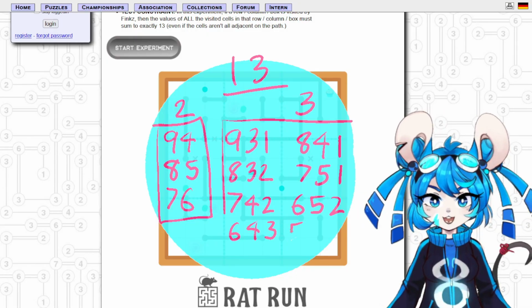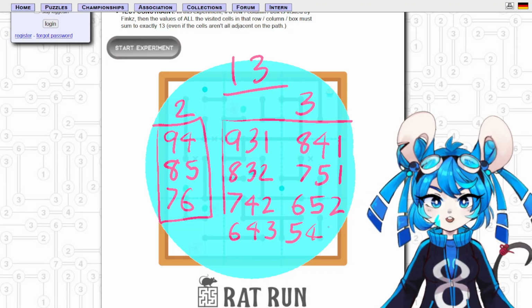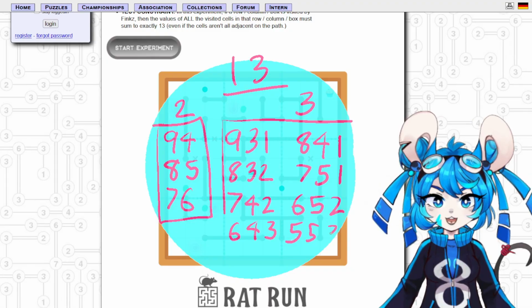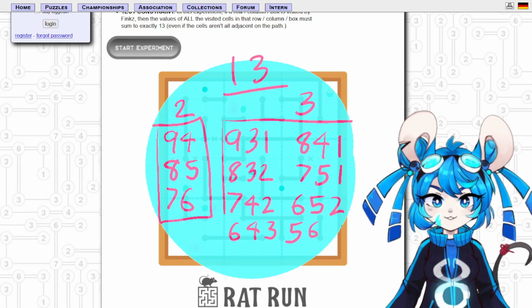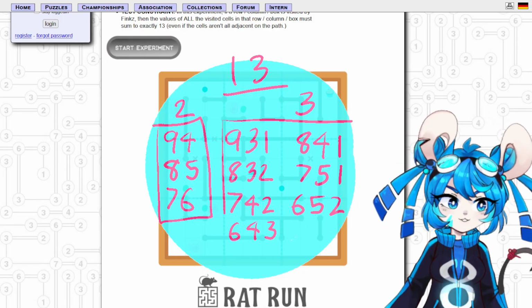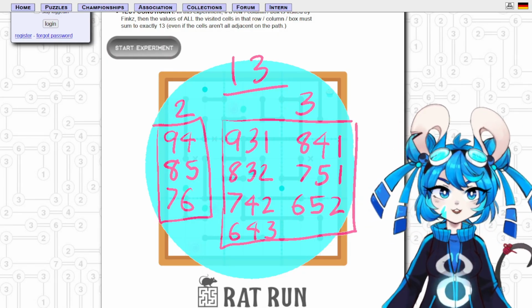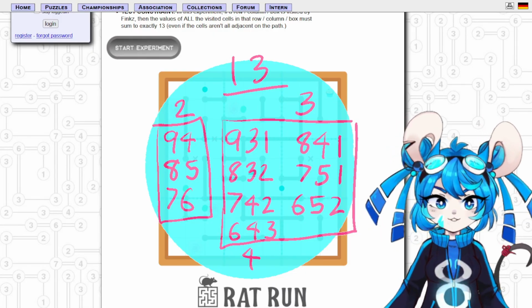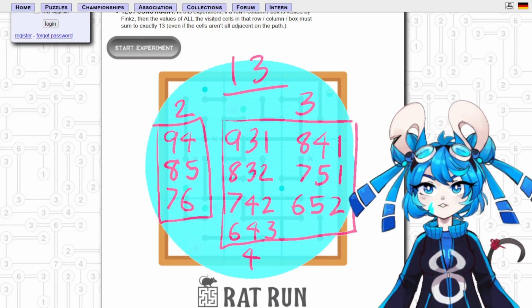And then if we go below 5, it could be 5, 4, 4, well, it can't be 5, 5, 3, and 5, 6, 2 is just the same as this one, so we're getting into repeat. So there's 7 combinations of 3 digits, and then for 4 digits, I believe there's only a few.